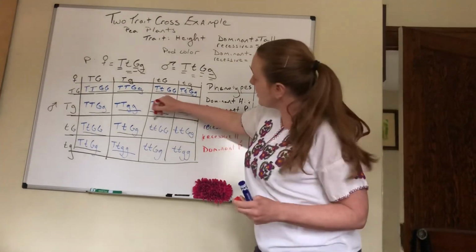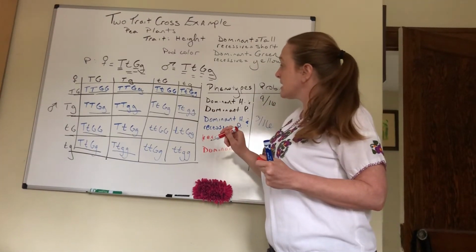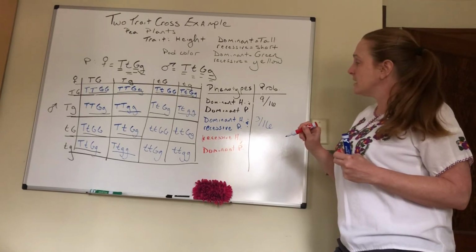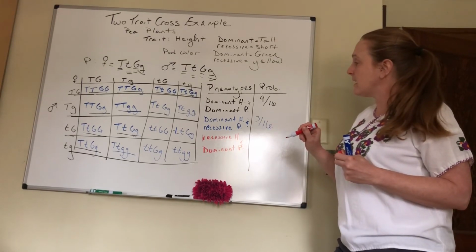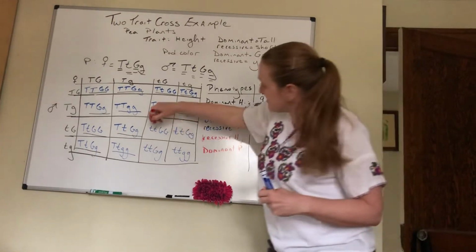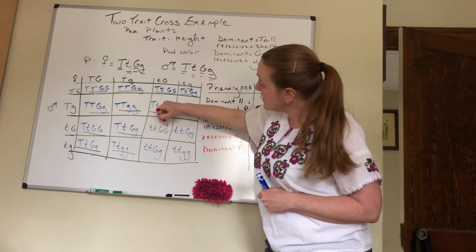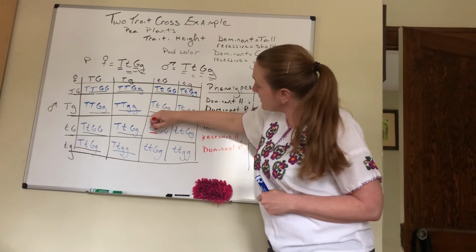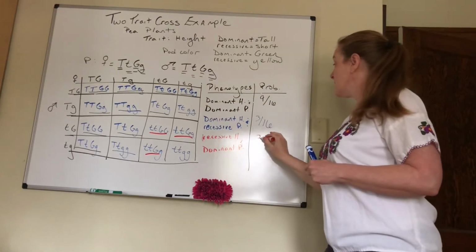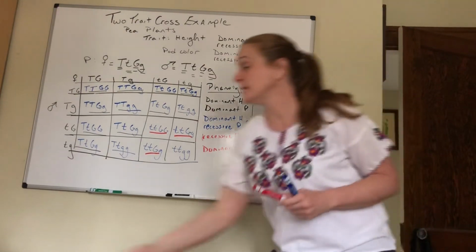So I'm looking for lowercase letter T's, but capital letter G's, excuse me. So I'm looking for that homozygous recessive genotype for height, but I need at least one capital letter to show me that dominant green pea pod. I have 3 out of 16 squares that will show me that.